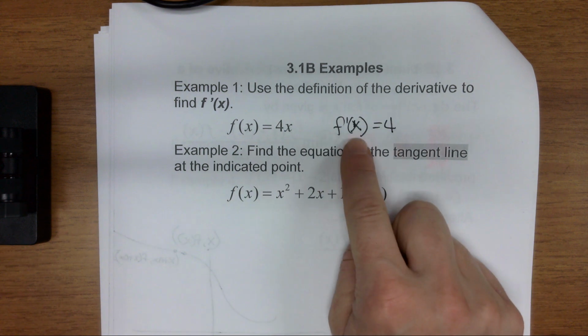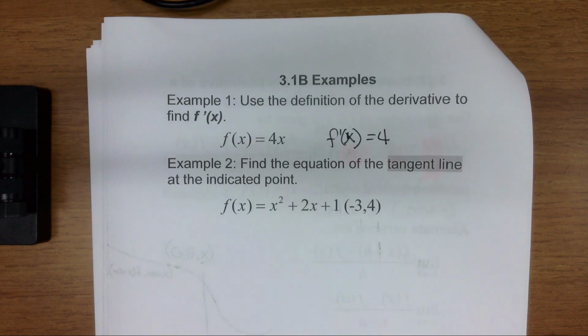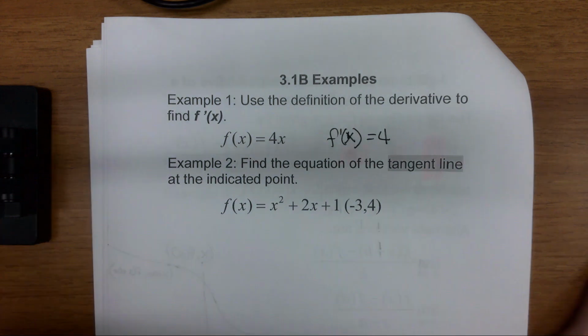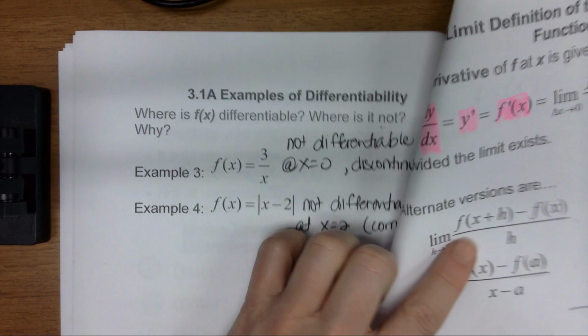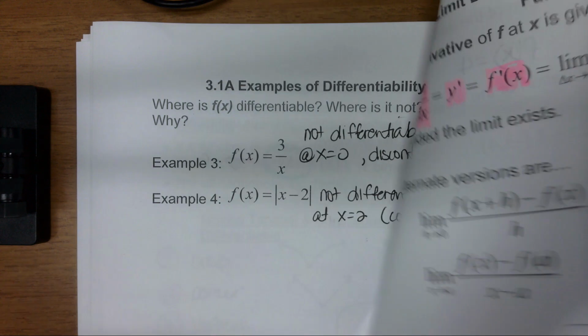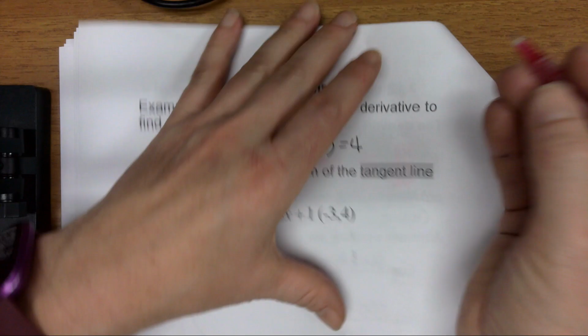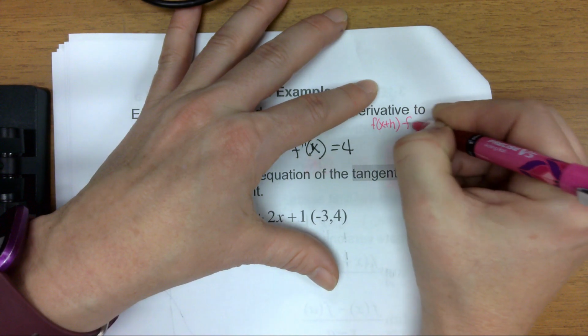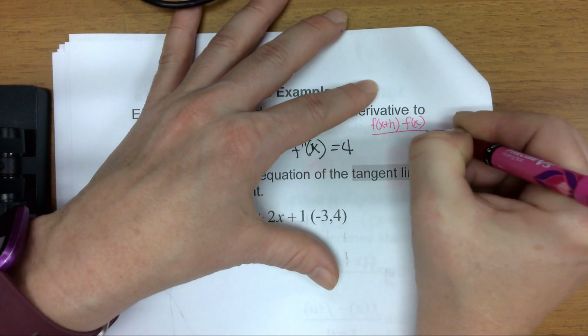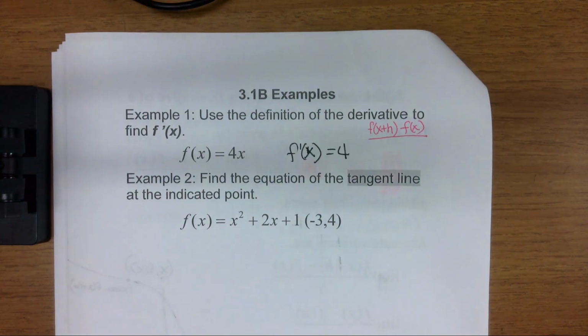Now, you're not writing this down. I'm going to show you how using the definition of the derivative works for a second, and you're just watching. Can you do that? Yeah. And ask me a question. I'm watching. Okay. So I'll use this one, and I'm going to find the slope by doing f of x plus h minus f of x over h.